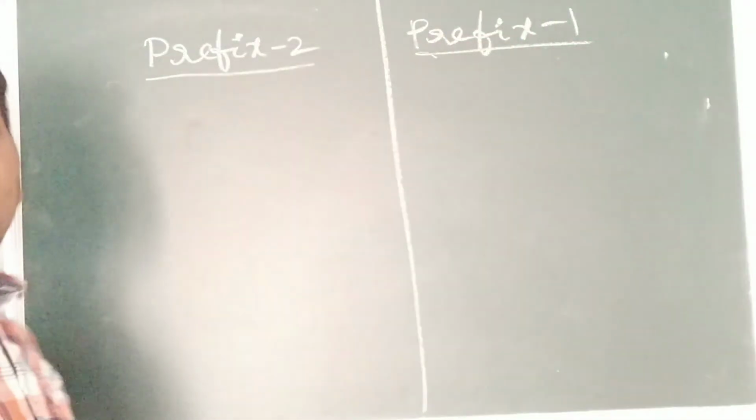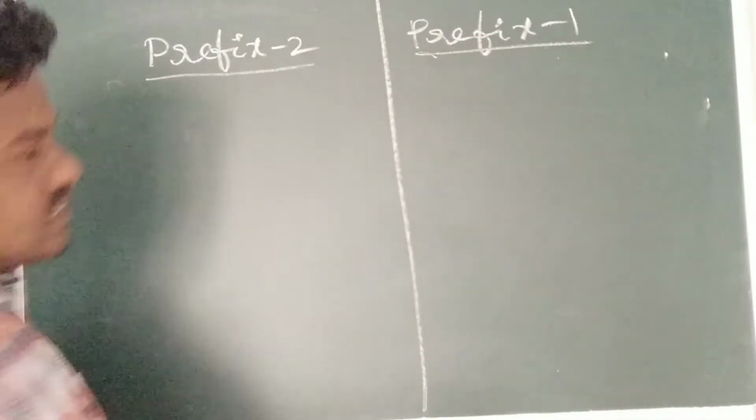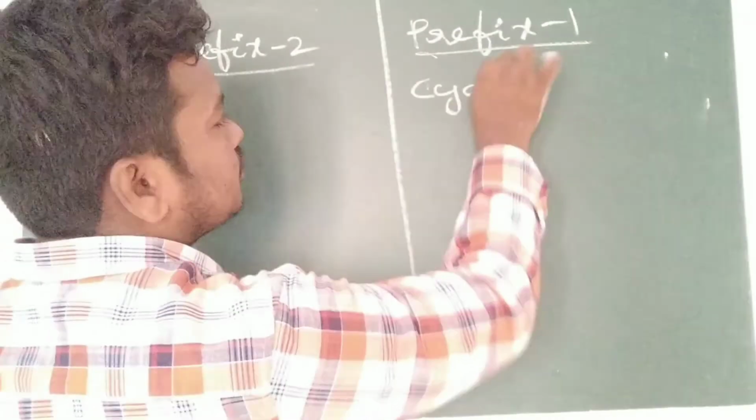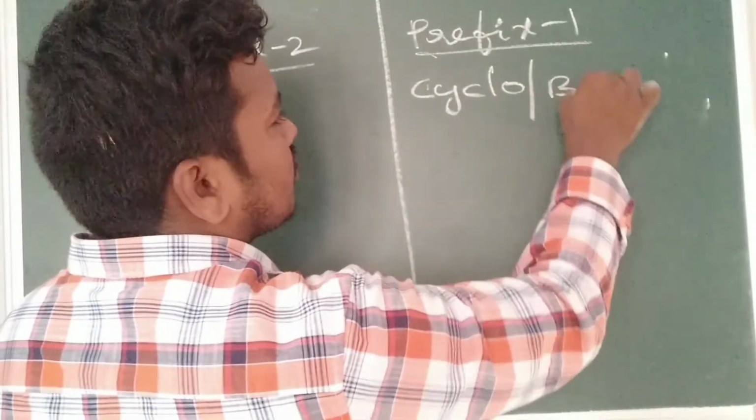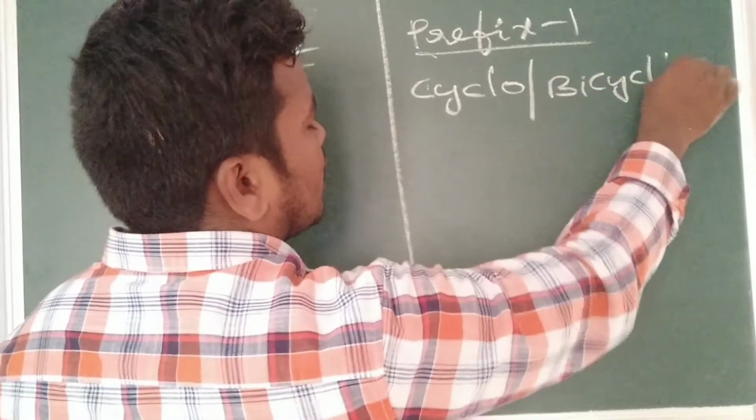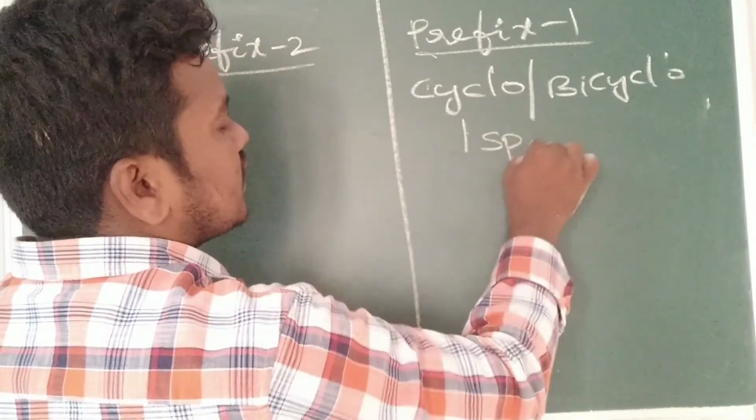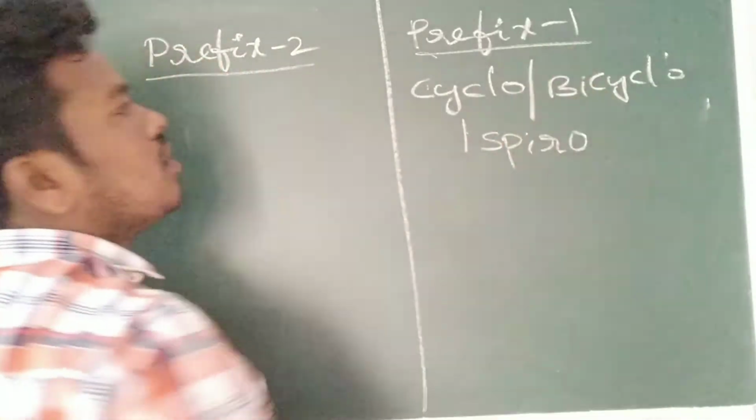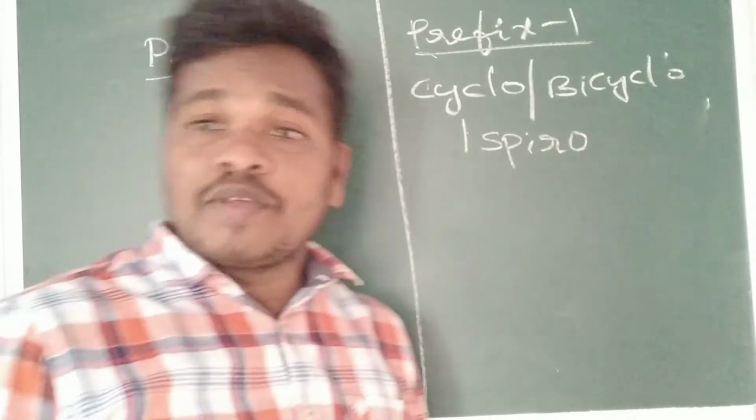In a given molecule, if a cyclic structure is present, cyclo or bicyclo or spiro, at that time we have to use prefix 1.